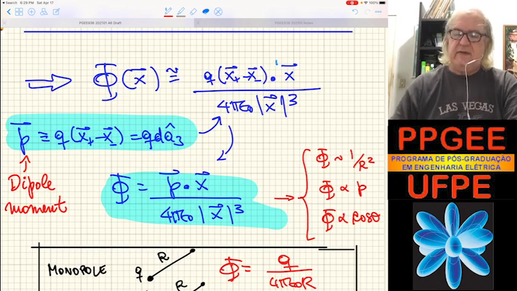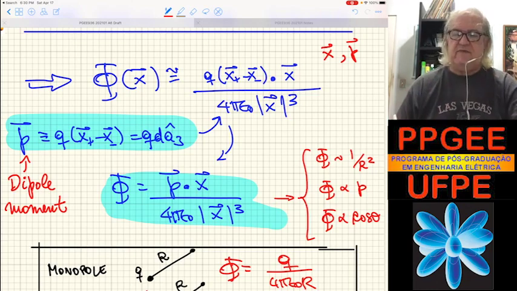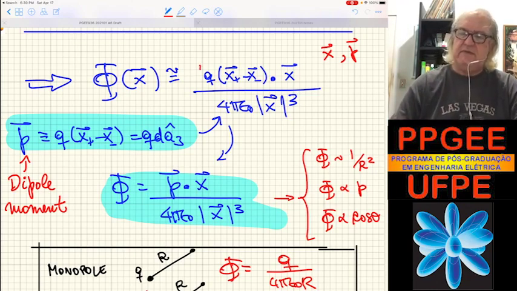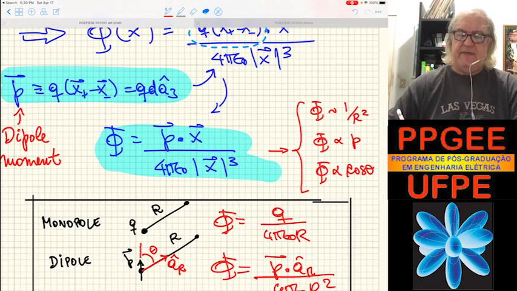It depends on the angle between x and P, and also on the magnitude of this vector. So that's the final asymptotic behavior of a pair of charges.